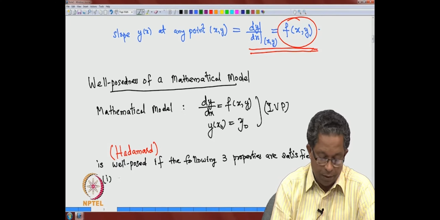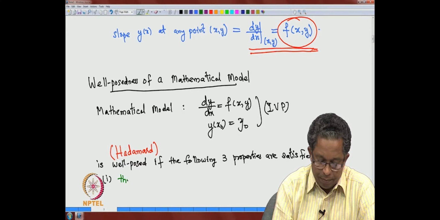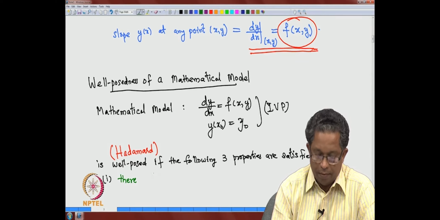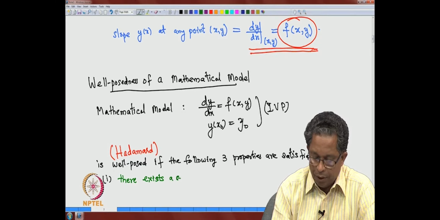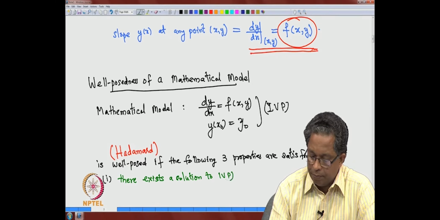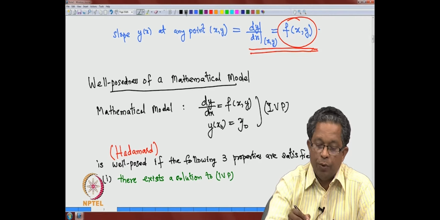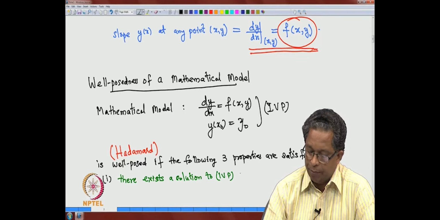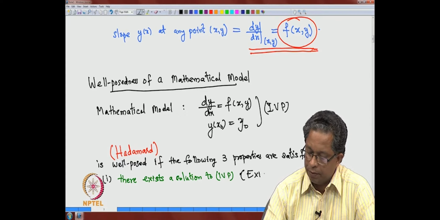The first property is there exists a solution to the initial value problem. That is the existence problem.